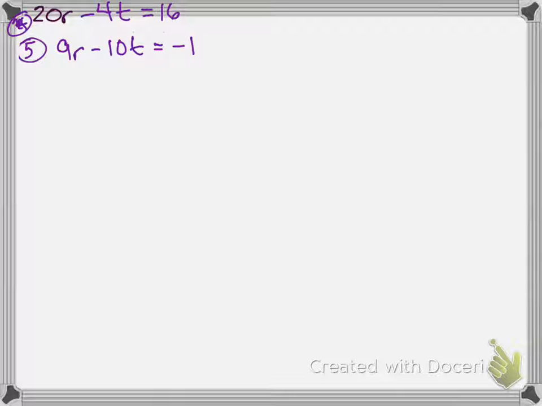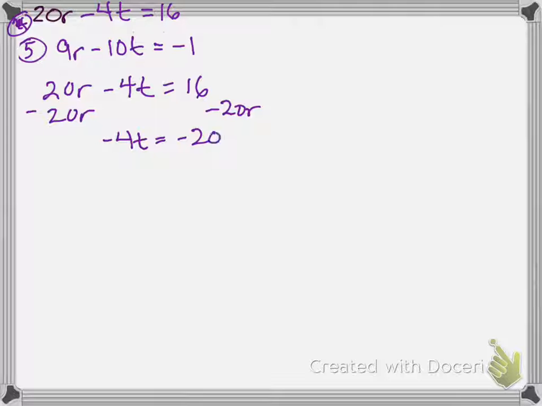Okay, we'll solve equation 4 for T. So we have 20R minus 4T equals 16. We subtract the 20R. So we have negative 4T equals negative 20R plus 16. We divide by the negative 4. That was a good choice.